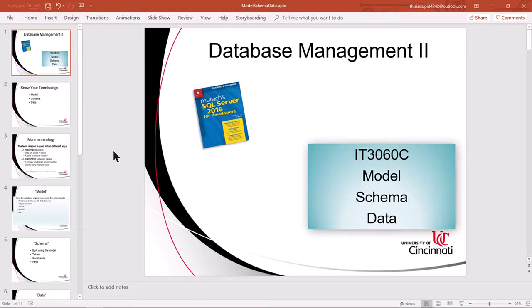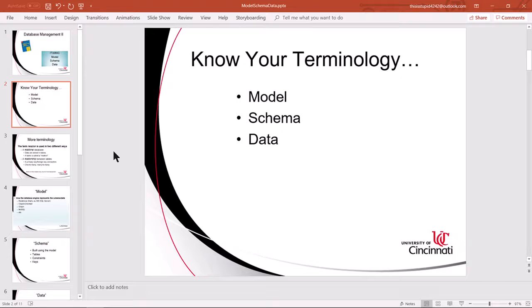In this video, we will introduce more database concepts and discuss the process for creating a schema from a design. Some important terminology for you is model, schema, data.